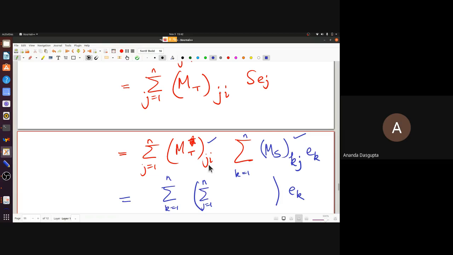But if you want to make this into a matrix multiplication, what do I need to do? The column index for the first matrix should be the same as the row index of the second, right? So I should actually move things like this. Everybody with me so far?